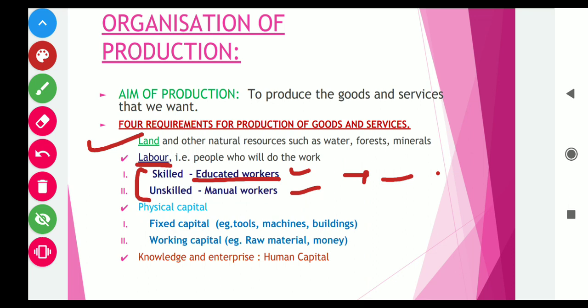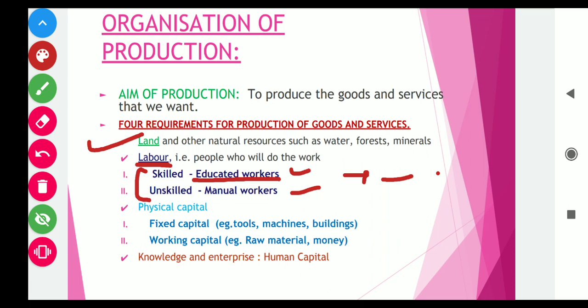For any other type of industries also, if we take the example of a steel plant, there also we have educated workers as well as the workers who can perform some manual work. So the second requirement of production is labor.